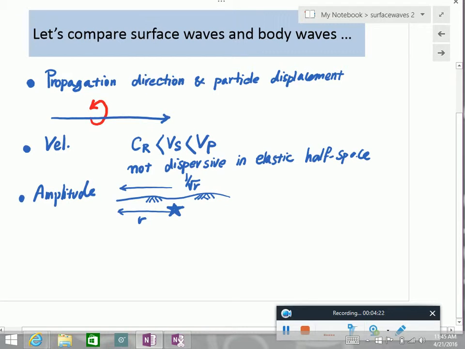And because of that, when you see in a record, it has a very large amplitude. What else? So on the surface, it's larger than P and S.